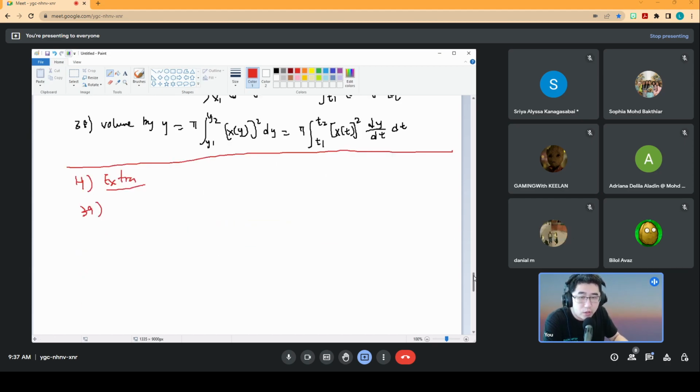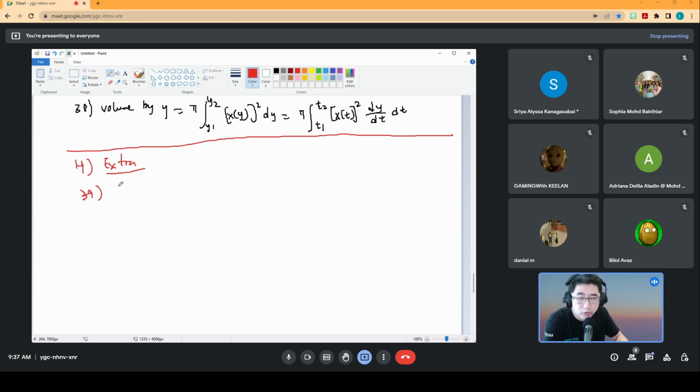Okay, in extra we have the integration of a to the power x dx, which gives us a^x over ln a plus c. This is different from bringing down the power and minus by 1. Then for log of x to any base, it will be 1 over ln a of x ln x minus x plus c. That one, of course, we will deal with later.